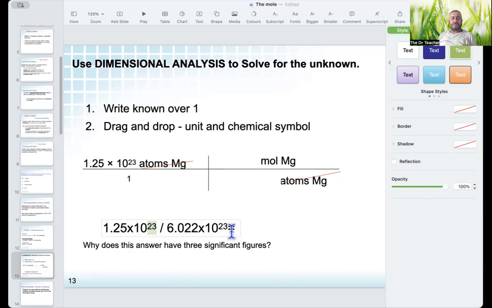Now you can see the answer will be 0.2075 something.